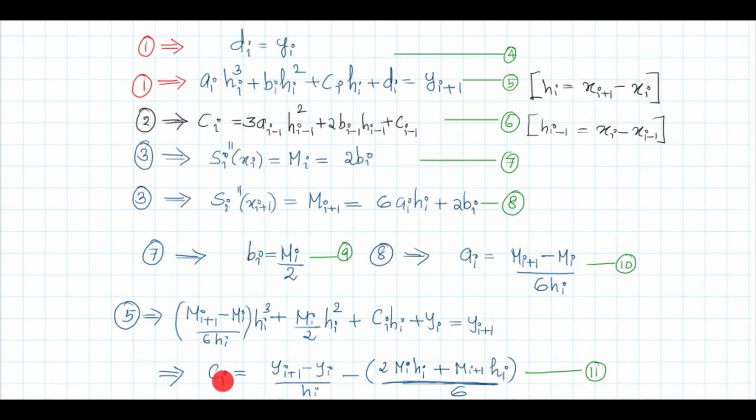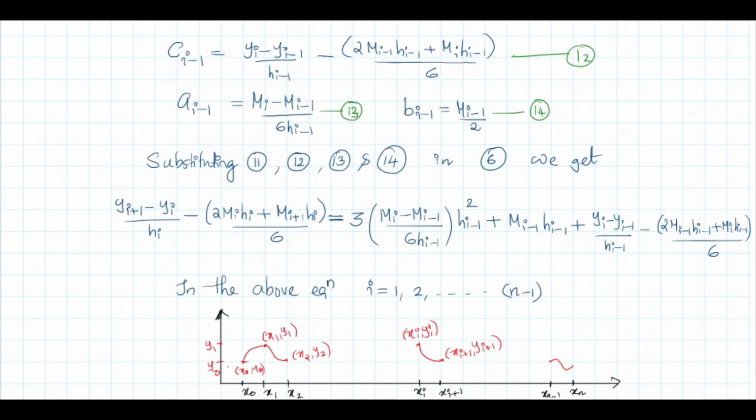Then you will get ci as (yi plus 1 minus yi) divided by hi, minus 2 mi hi plus mi plus 1 hi, divided by 6. Just rearrange this, you will get this equation. So this is ci. So we obtained the values: di is yi, and ci is this one, bi is this one, ai is this one. These are the coefficients we required for writing the spline Si.